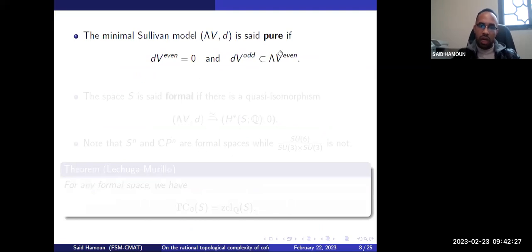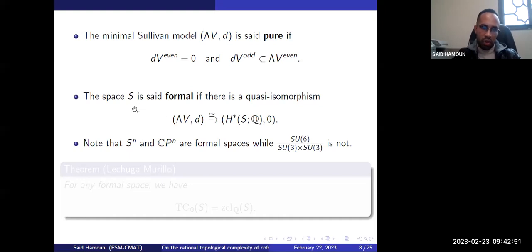In this work, we are interested in studying pure minimal Sullivan models, and we say that ΛV is pure if all generators of even degree have differential 0, and the differential of generators of odd degree are polynomial in generators of even degree.